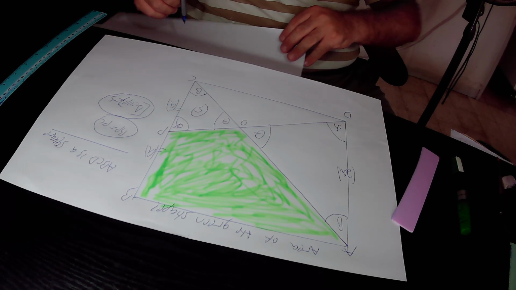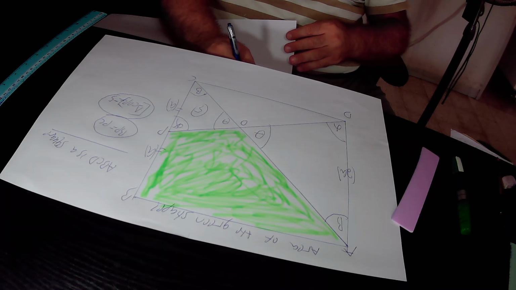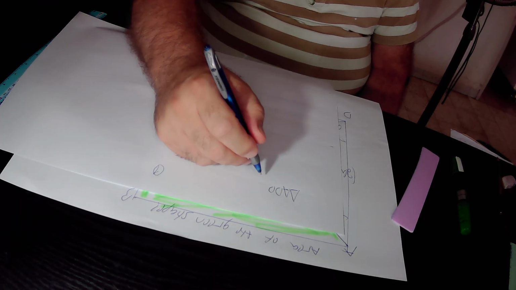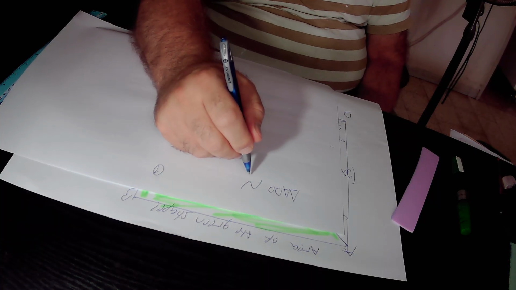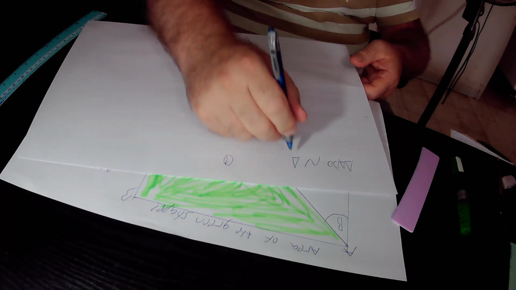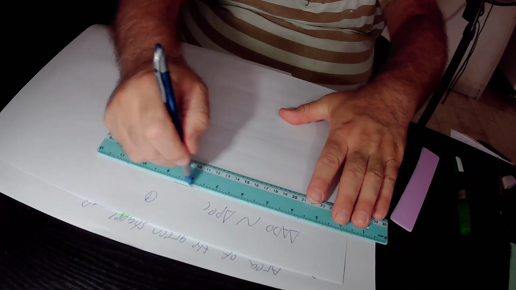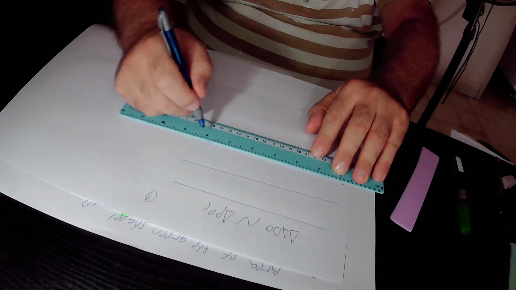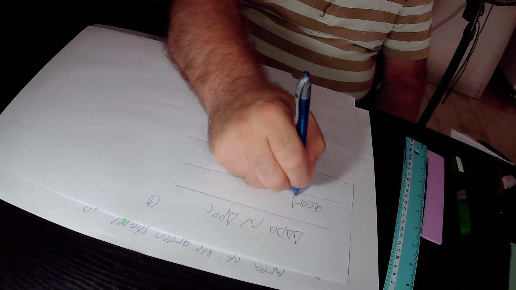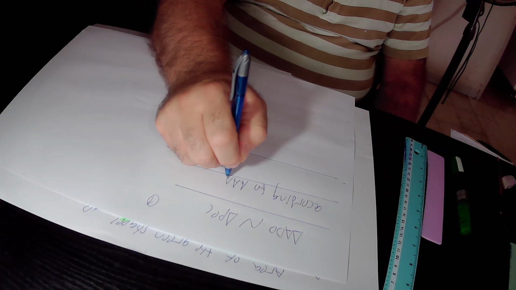So I write it down. We found out that the big triangle ADO is similar, this is the sign of similar, to the small triangle POC, according to the angle similarity rule.